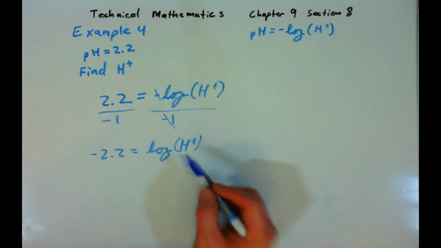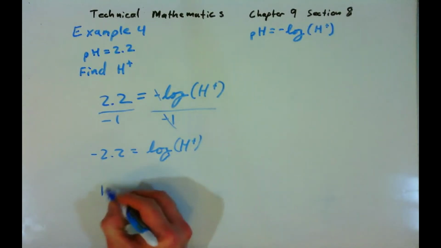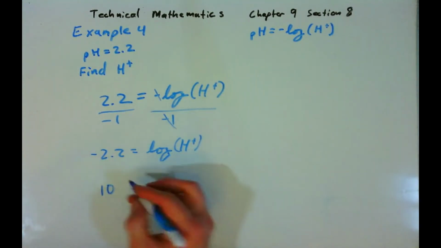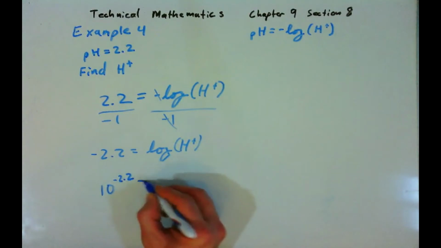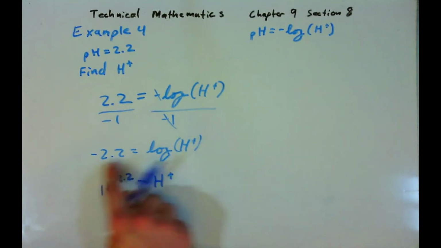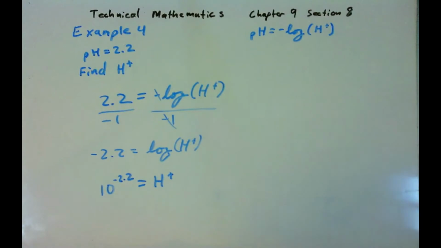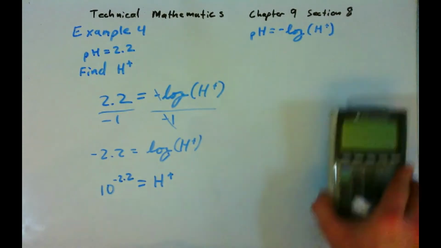And so log, this is the common log, right? We didn't write a base, so the base is 10. We can rewrite this in exponential form. The base is 10. The exponent is negative 2.2. And the power is H+. So I just rewrote the logarithmic equation into an exponential form. And so now we can plug in our numbers into the calculator and solve for this.